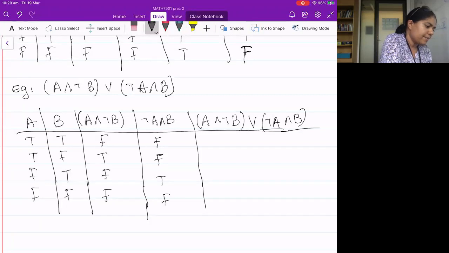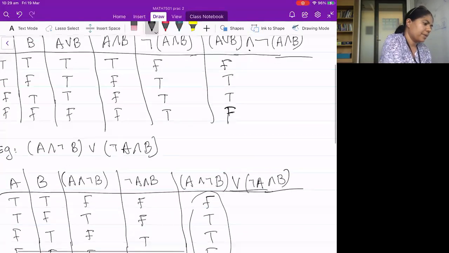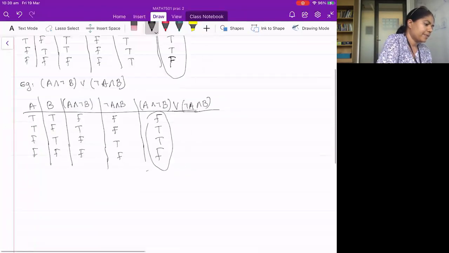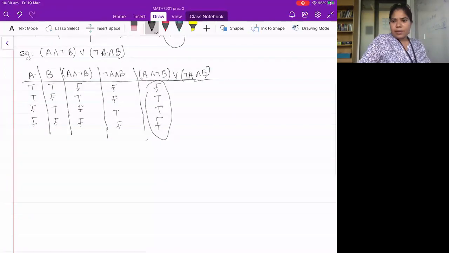This is an or statement. So false, false should be false. True, false is true. False, true is true. False, false is false. Okay. So you can compare the last column with this one. If that's the same, they are logically equivalent. Okay. All right. Is that clear? Yeah.